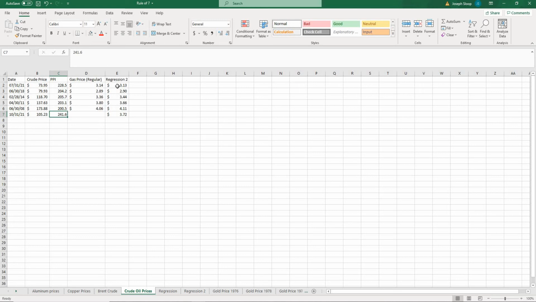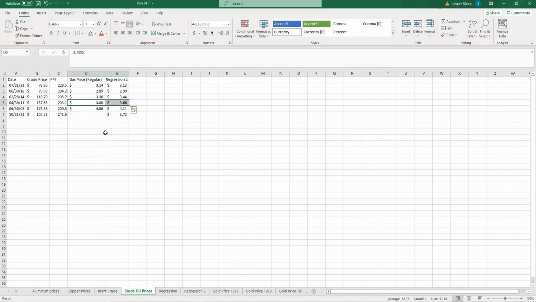I'll put a link in the video about what I've done to calculate those inflation numbers. But interestingly enough, there's a strong correlation between the producer price index of commodities and oil prices translating into gas prices.